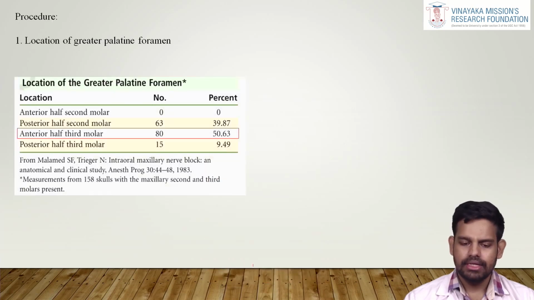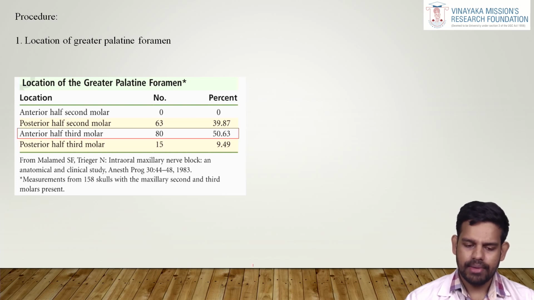The procedure is the location of the greater palatine foramen. Sometimes it's difficult to identify the greater palatine foramen, and based upon the ratio and percentage of its location, measurements have been given by Malamed. The location of the greater palatine foramen in the anterior half of the second molar is 0%. In the posterior half of the second molar, it was found 63 times, a percentage of 39.87%.